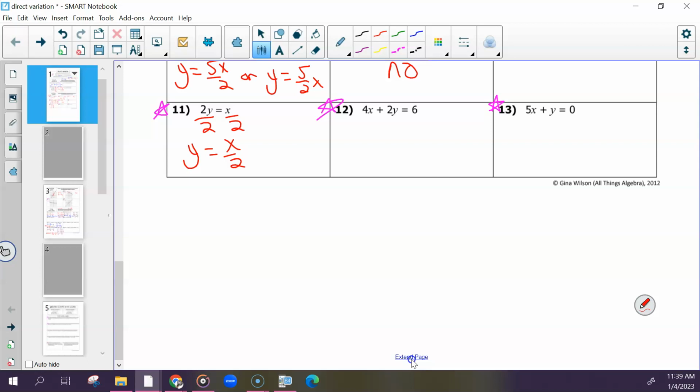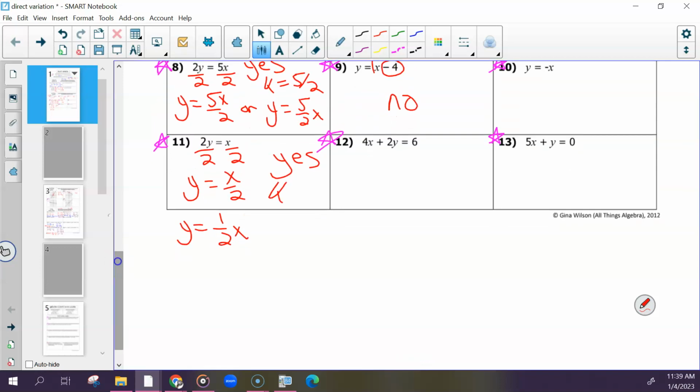And remember that we can rewrite this. This is the same thing as 1/2 x. So then yes. So if you see x in the top, just move it to the side, put 1 in its place, and then yes, it would be, where k is 1/2.